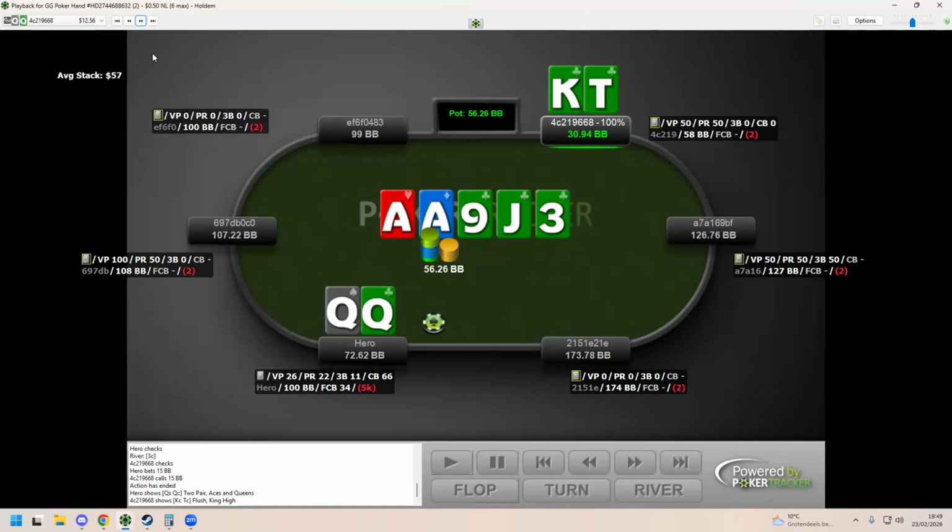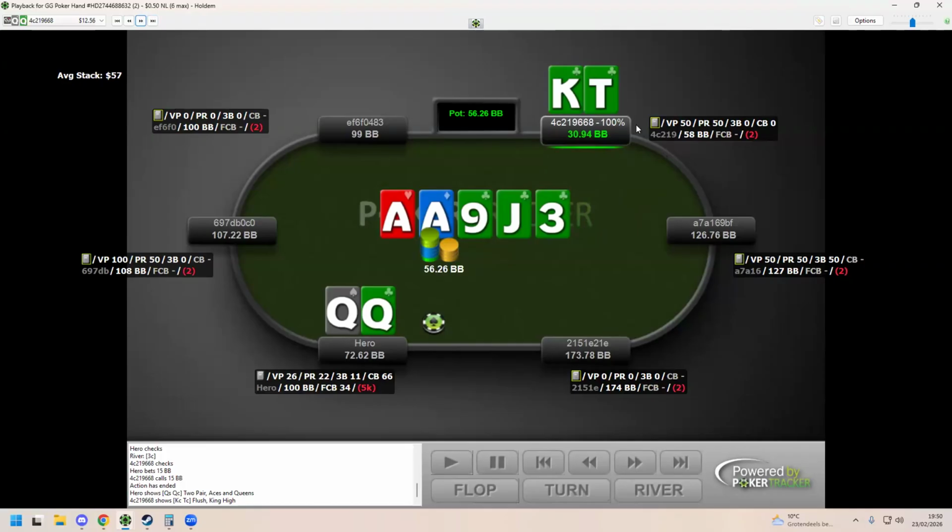Because I can't see the name in PokerTracker, but it does show the names in the GG Poker software or the website. Yeah, size according to your hand strength against a player like this. It works very well.